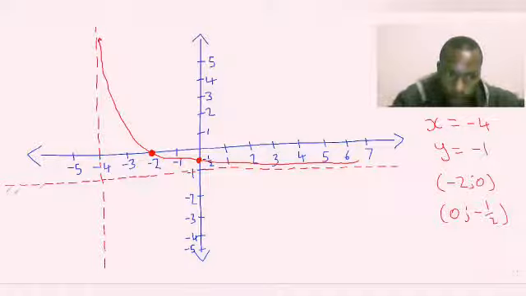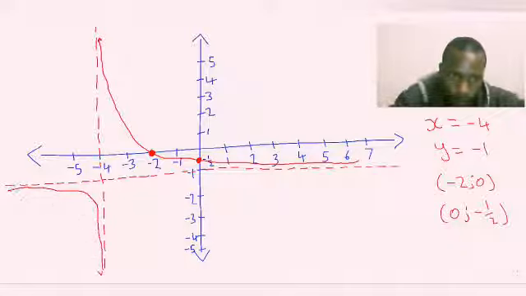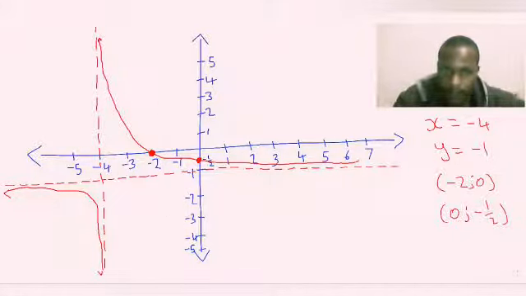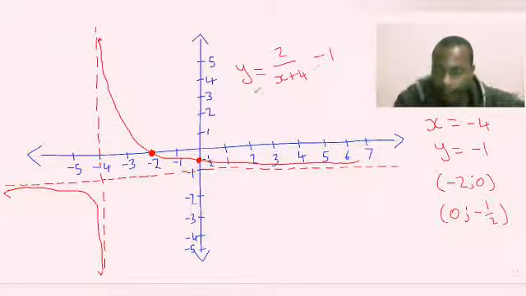We would also have the same thing on this side of the asymptotes. It needs to be as close to the asymptote as possible. And this in itself would be the graph of y equals 2 divided by x plus 4, minus 1.